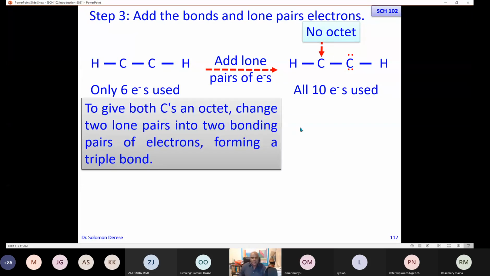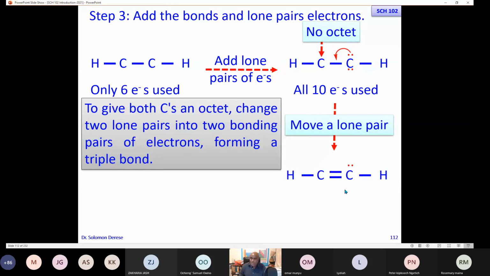So you use this to form a bond like that. When you look at this, you see this carbon has 1, 2, 3, 4, 5, 6, 7, 8 electrons. However, this one has only 1, 2, 3, 4, 5, 6. This one does not have an octet of electrons. But we have this additional lone pair, this unshared electron pair on this carbon.